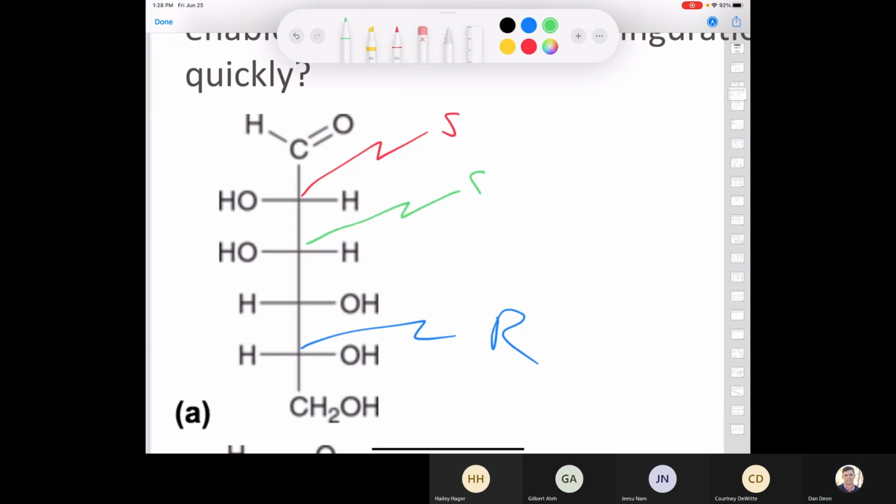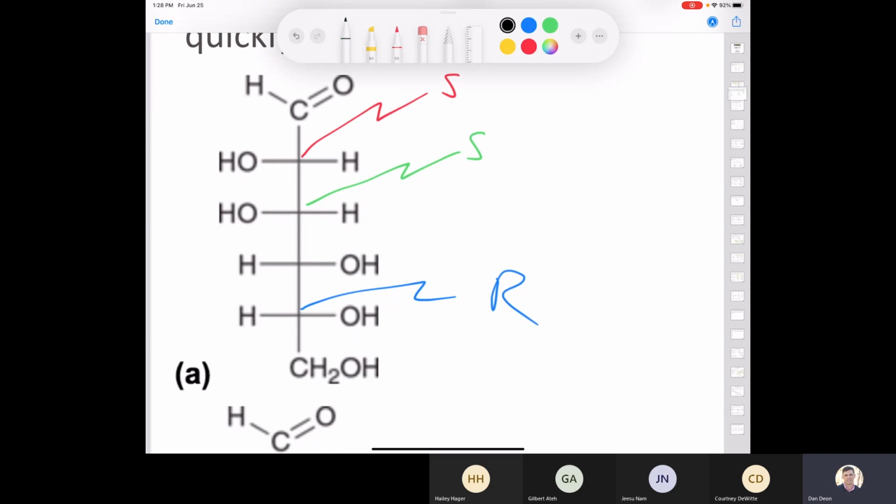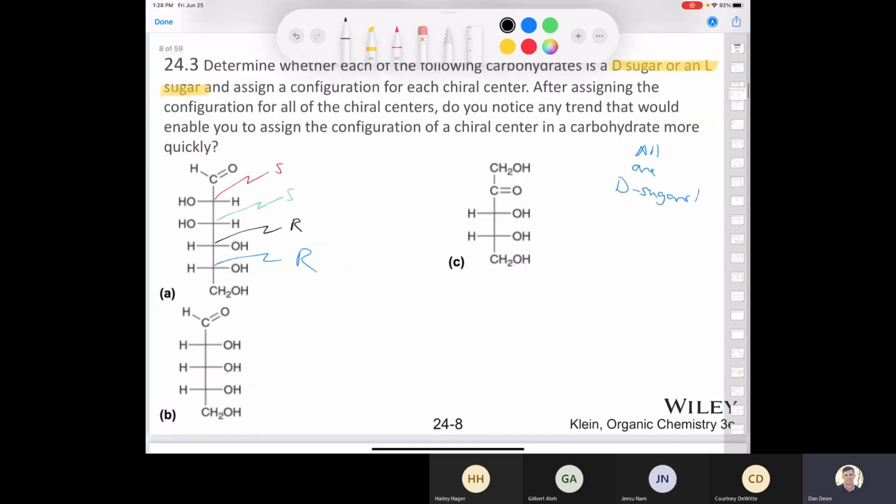Maybe not. Let's try this one here. Try the last one. I'll use the black pen for this one. We have 1, we have 4, we have 2, and then we have 3. So we're going like this, which is counterclockwise, which would be S, but we reverse it, and so it's R. And so the shorthand that you're supposed to notice when you do all of these is nothing more than this.